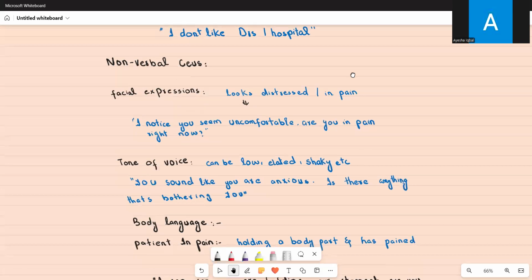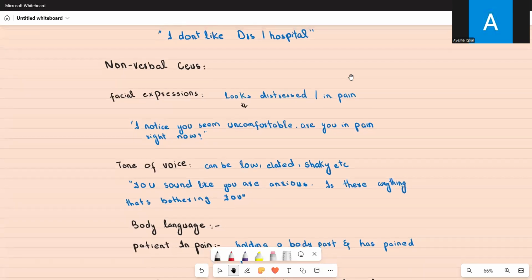Now, cues can be nonverbal. A lot of the time, they are nonverbal cues. So, facial expression. A patient presenting with headache or chest pain can be looking distressed. Okay, you enter the station, the patient is giving you a facial expression of pain, and you just ignore that and you ask them, "How can I help you?"